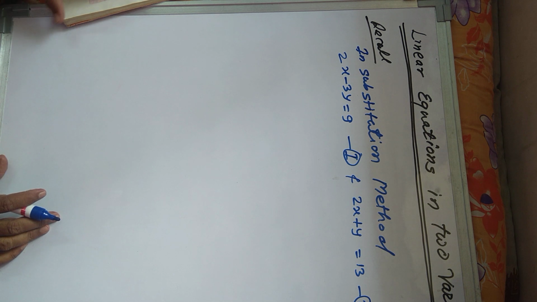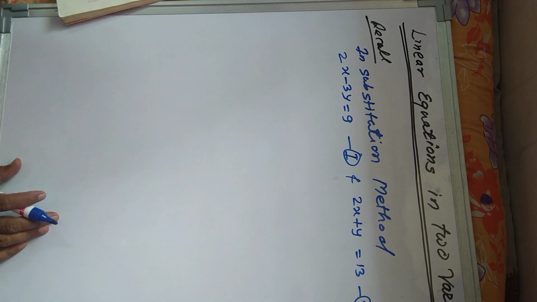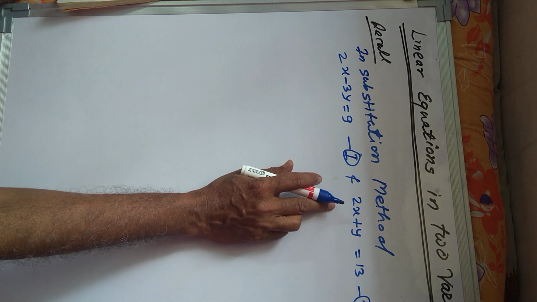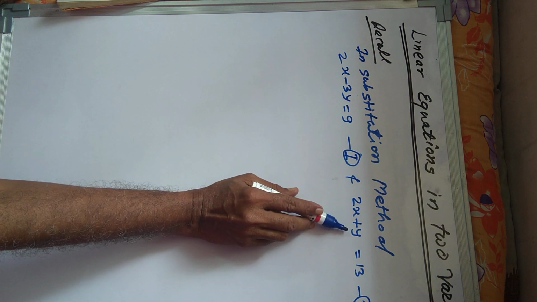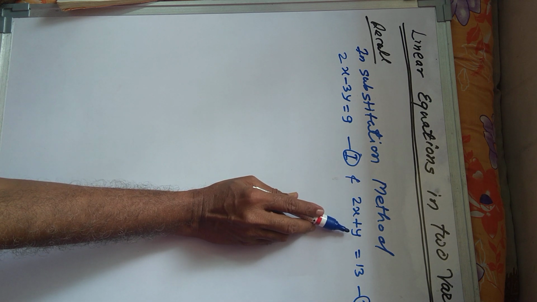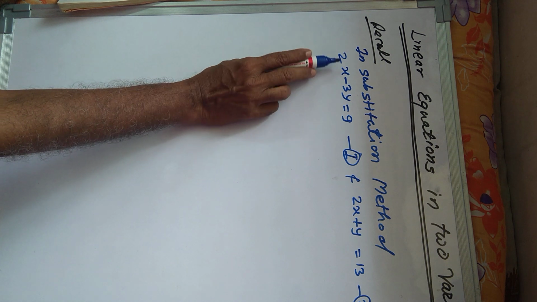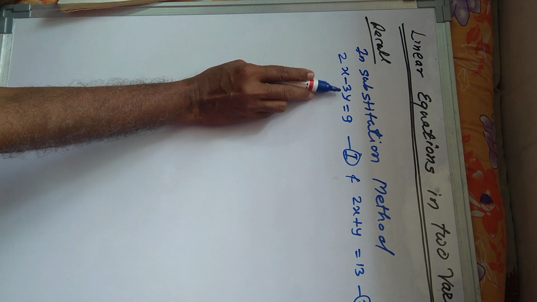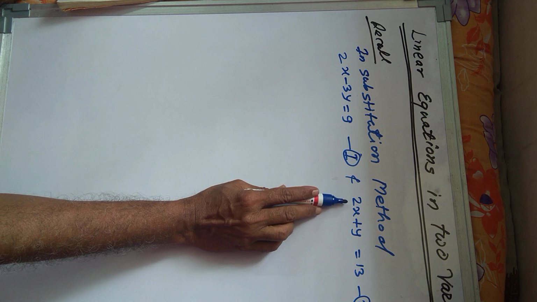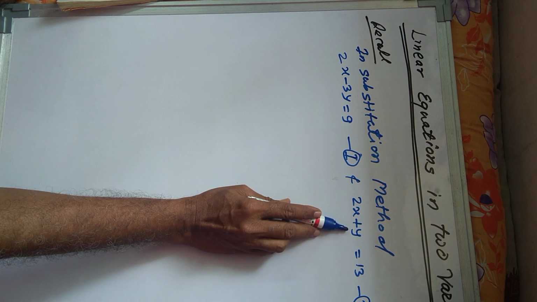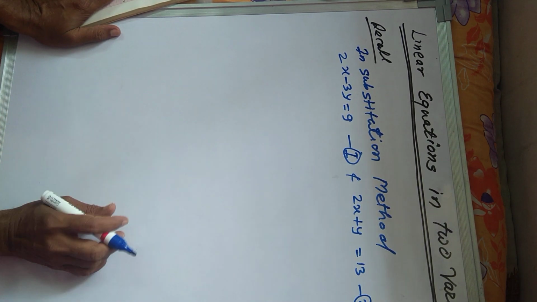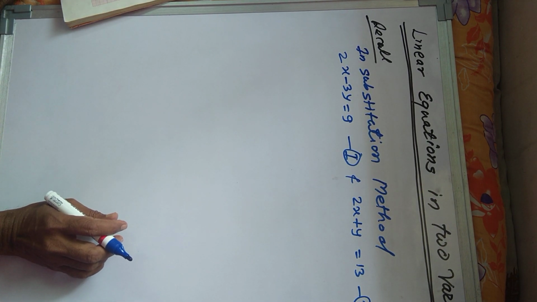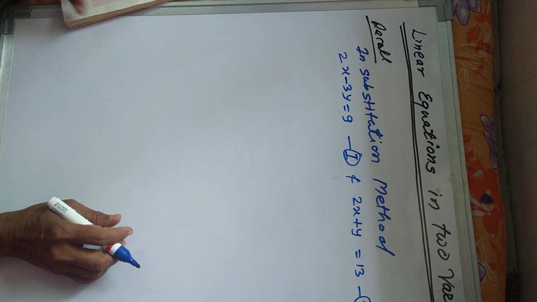For this method, we take the equation which has one variable with coefficient 1. Here in the first equation, the coefficient of x is 2 and y is 3. Here, the coefficient of x is 2 and y is 1. Now we take equation number 2 first and put the value of y in terms of x.